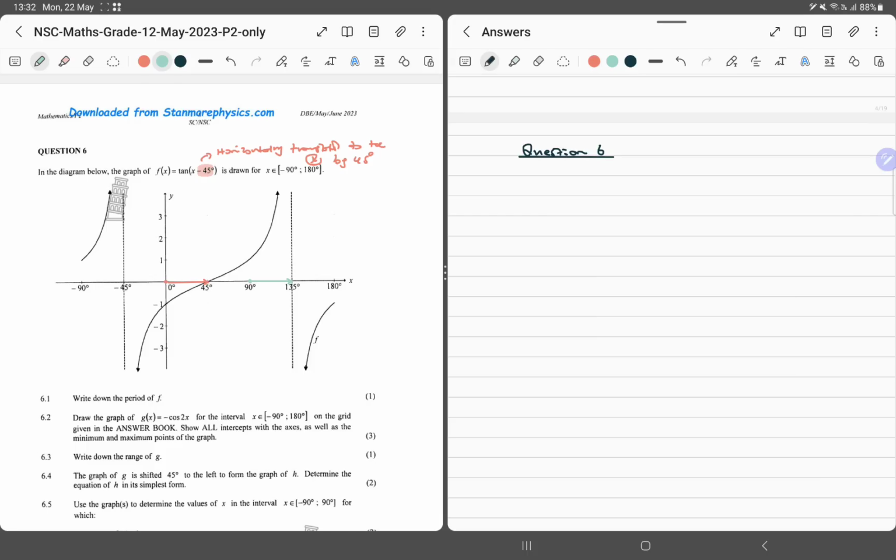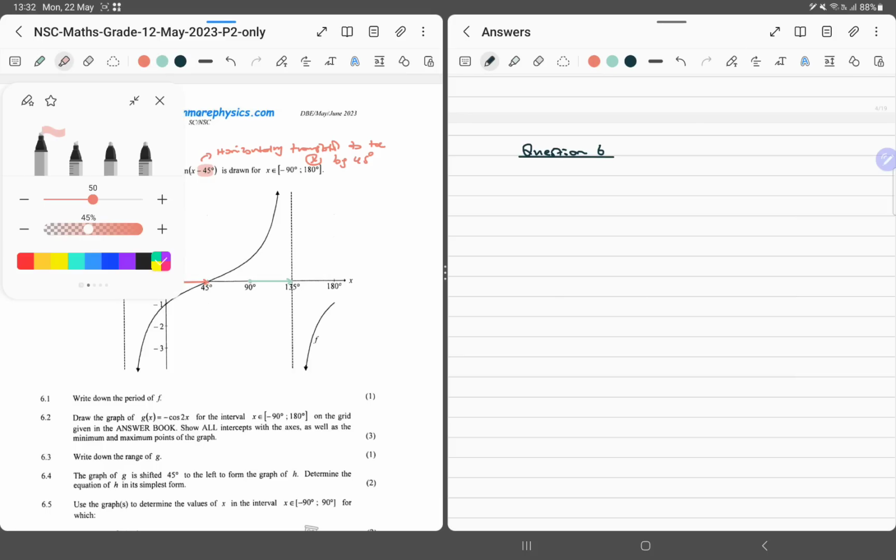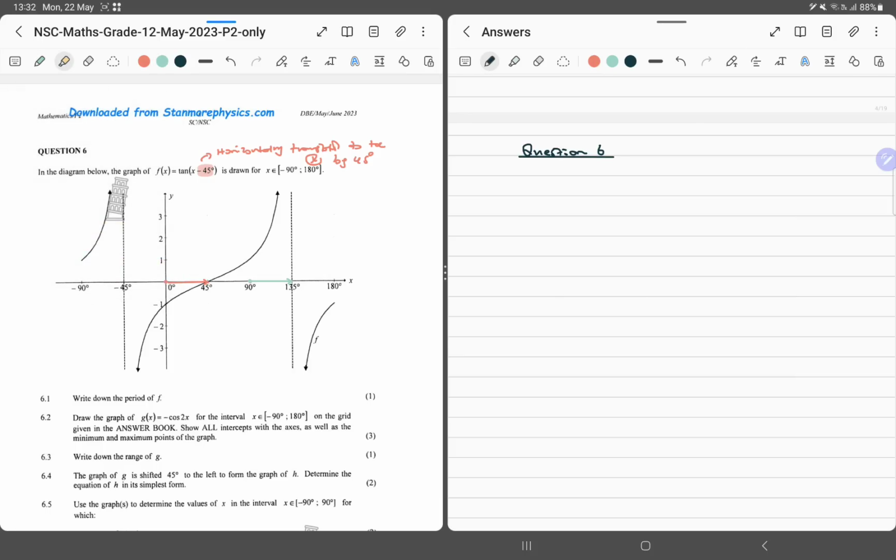Again, you can even look further and say there's more you can explore here. You don't limit yourself to one thing. For example, if you look at this line here, we know that tan of 45 is normally 1.